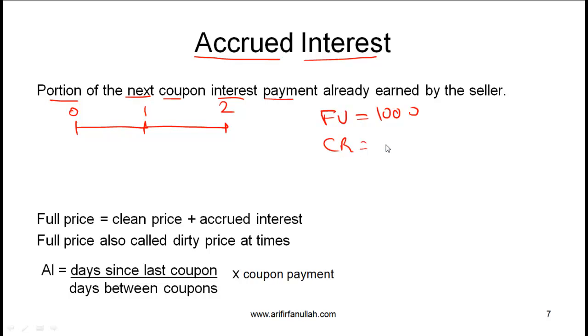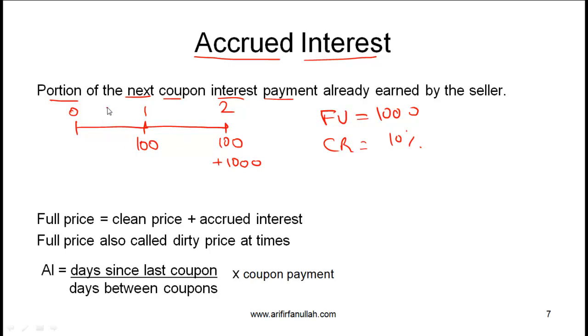Let's say the coupon rate is equal to 10%, and when you buy this bond at time 0, the market rate is also 10%. So essentially you make a payment of 1000 at time 0, and the coupon payments that you are expecting for this bond are 100 at the end of year 1, 100 at the end of year 2, plus a $1,000 face value that you expect to get back at the end.